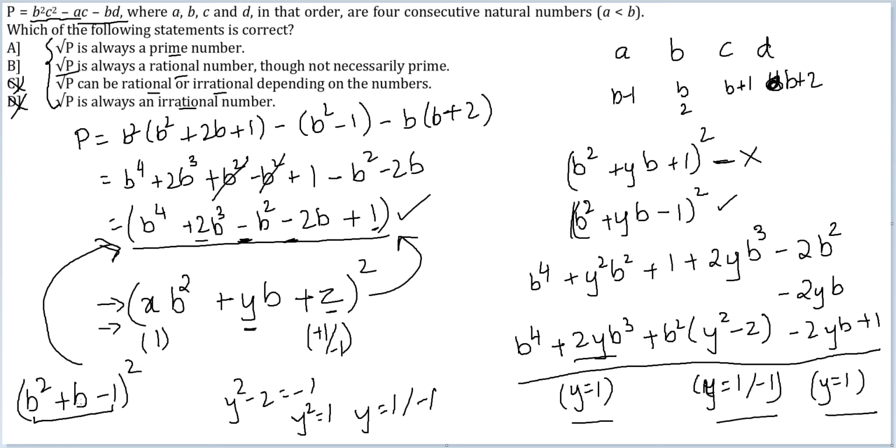Okay, 5 square plus 5 minus 1, yes. 6 square plus 6 is 42, 42 minus 1 is 41, so still prime. If I give b the value of 7, then I would get 49 plus 7 minus 1, which is equal to 55, and this is not a prime number. This eliminates option A from the running, and therefore the only one that you are left with is option B.